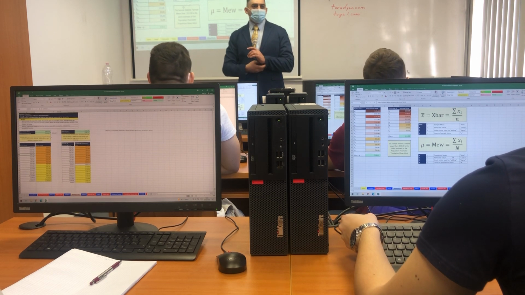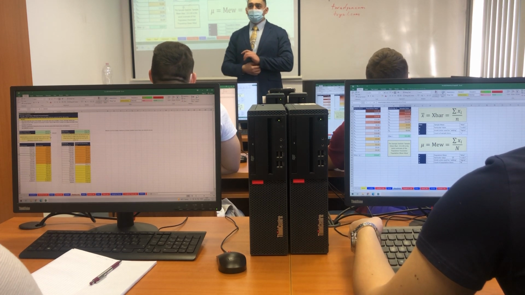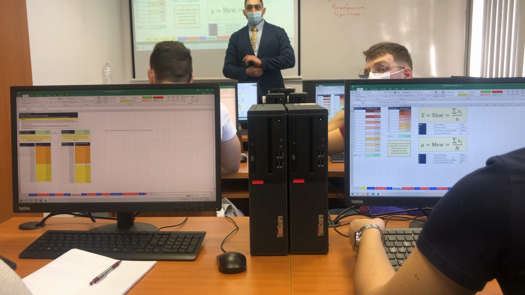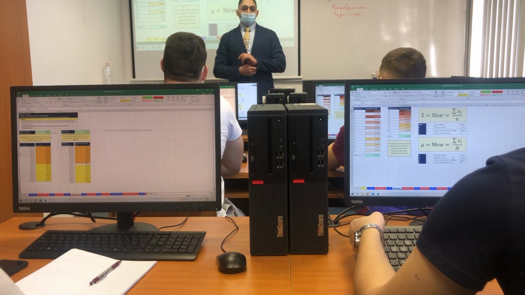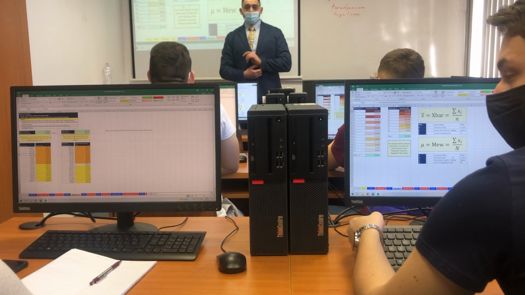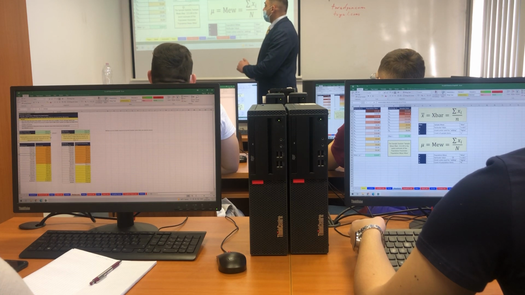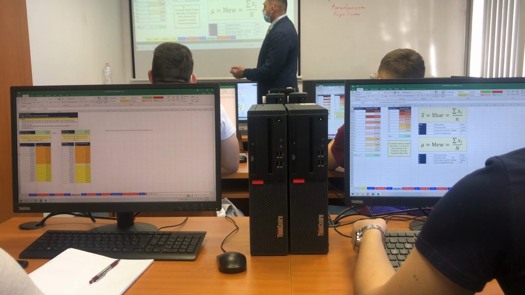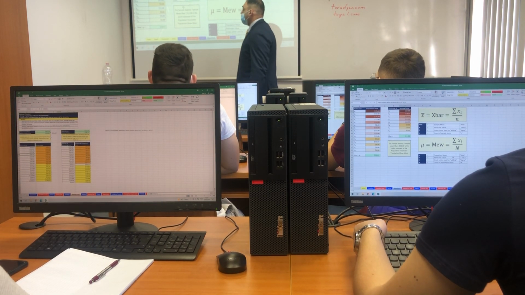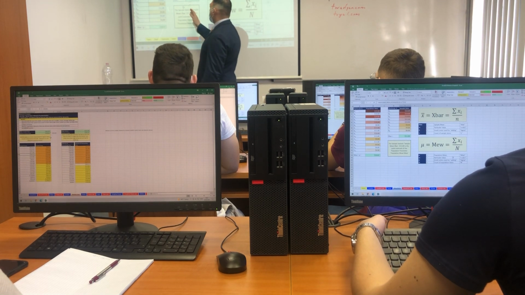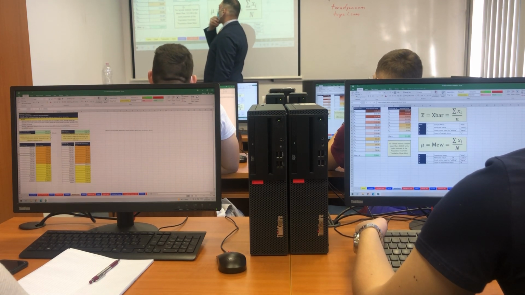And when you take and calculate their average height, it will be much higher than the average of the population. So you must understand that there is a difference between population and the sample.